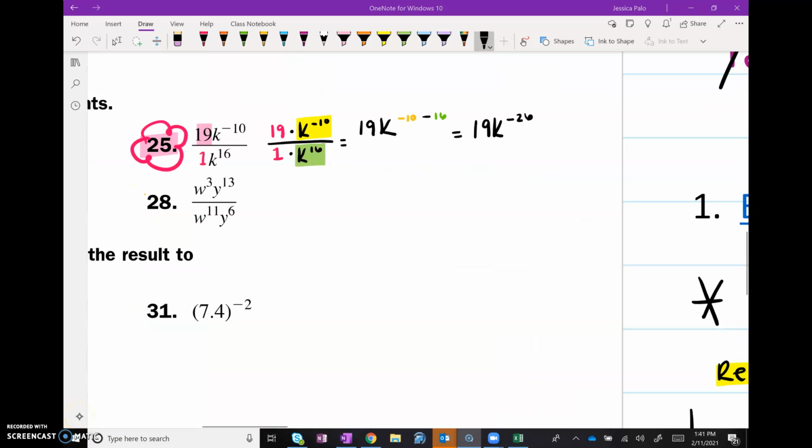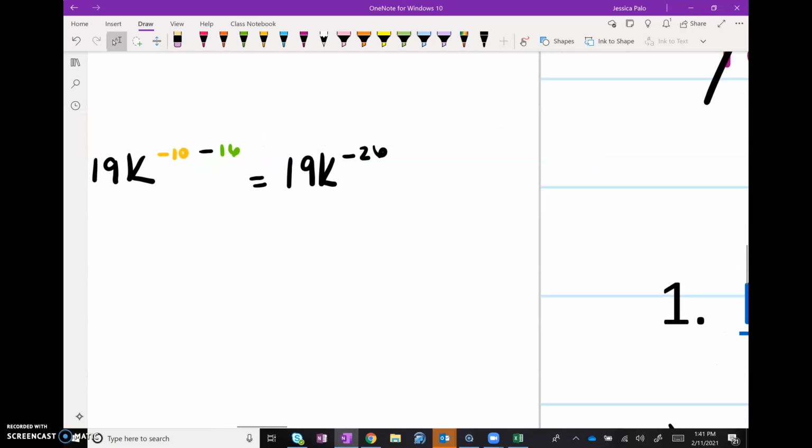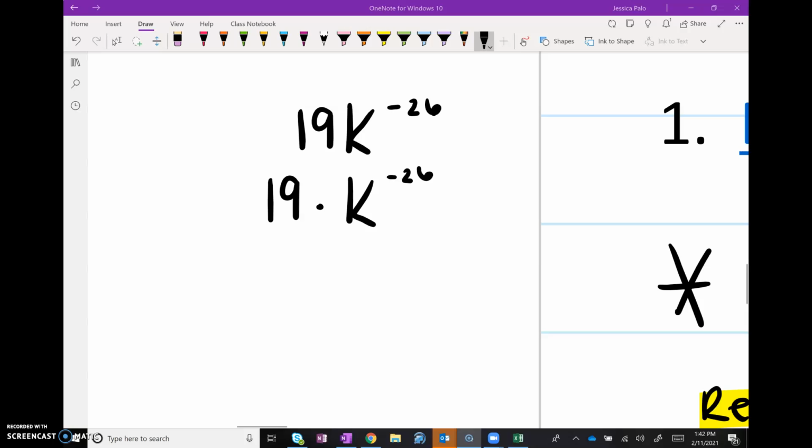The other pink problem that we would be revisiting is number 25. The answer we got for number 25 was 19k to the negative 26th power. I would like you to rewrite this problem using only positive exponents. I'm sure you got that one exactly correct, but let's go over it just to make sure.